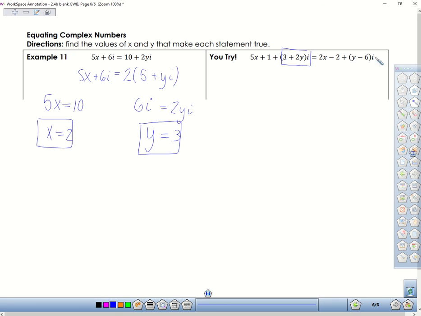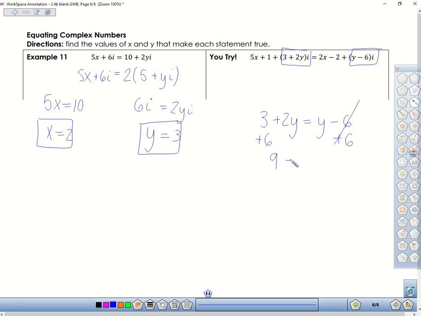So if I set this piece equal to this piece over here, that gives me 3 plus 2y is equal to y minus 6. And then I just want to solve for y, so I add 6 to both sides.